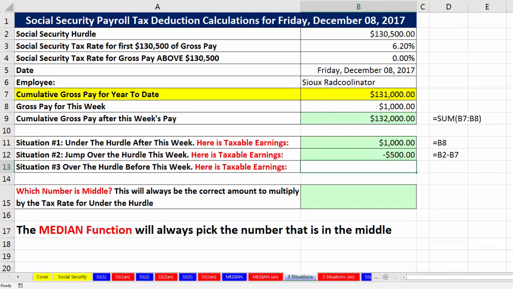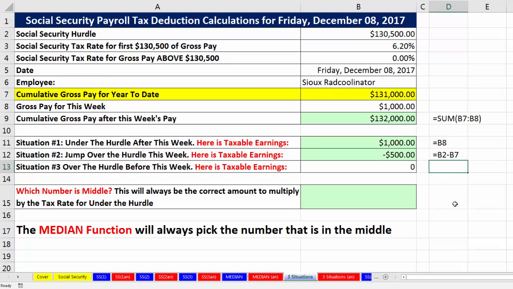Here's the taxable earnings, 0. That means we have 1, 2, 3 different formulas that we can potentially use to multiply times our correct tax rate.